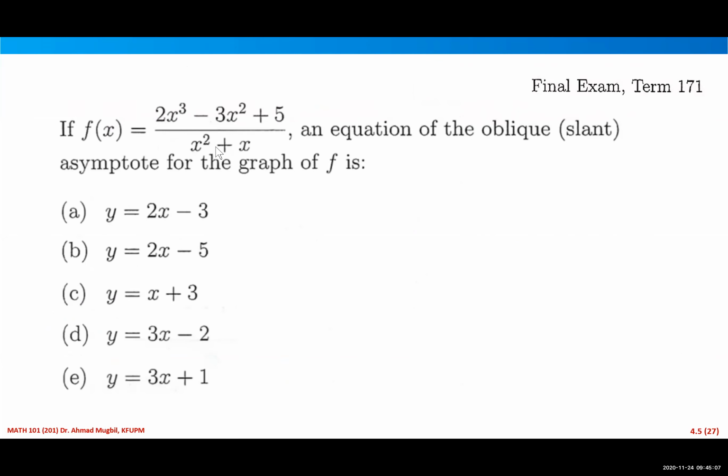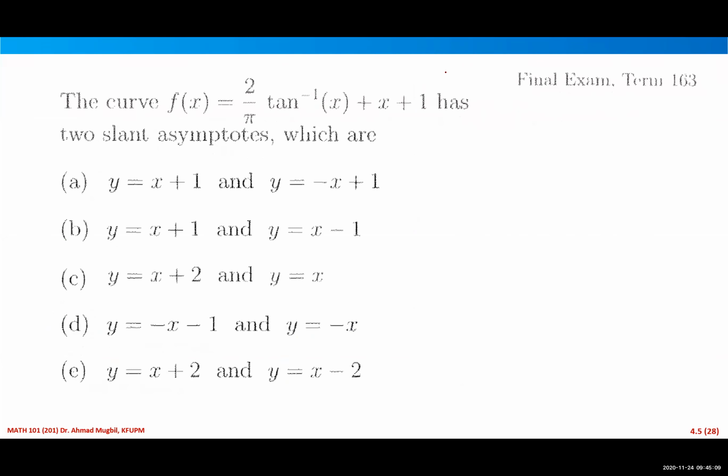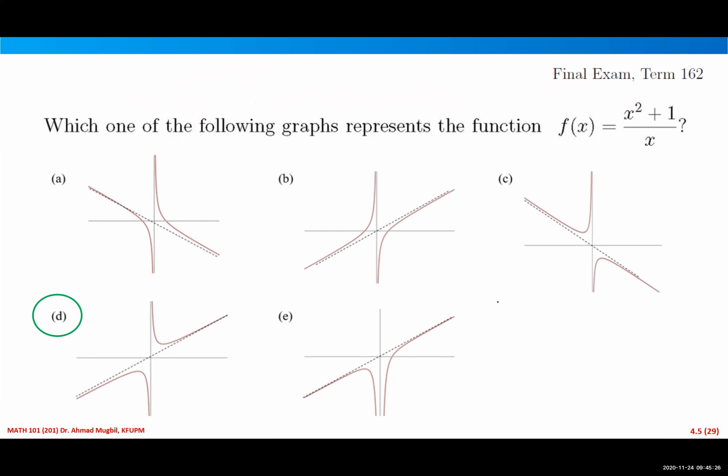This is long division also, easy. This is similar to the recitation question that I told you about. How to find the slant asymptote of this. The solution is here, by the way, but it is ugly. This is not my solution, shabab. This is as it is. You may have questions like this in the final. So look here, you need to sketch the graph, and you have 5 choices.